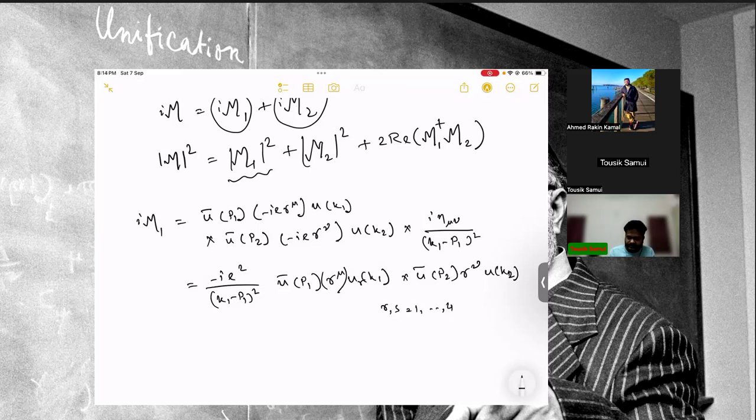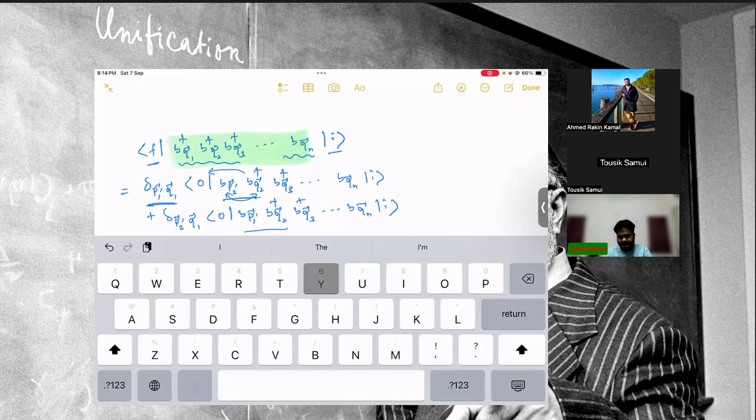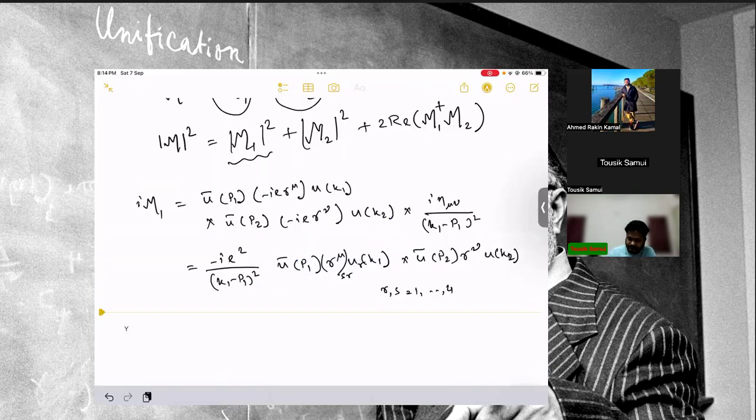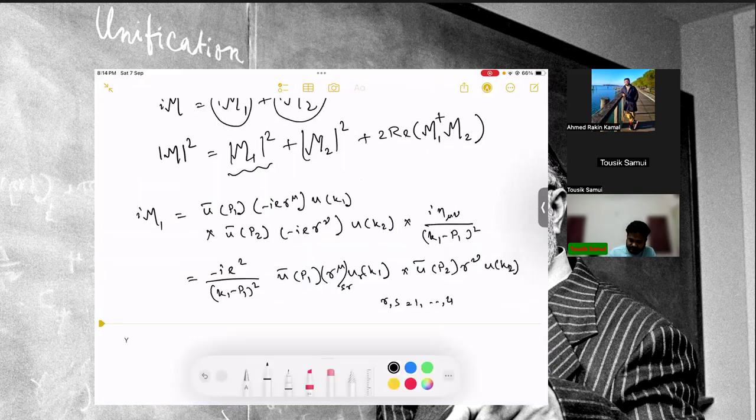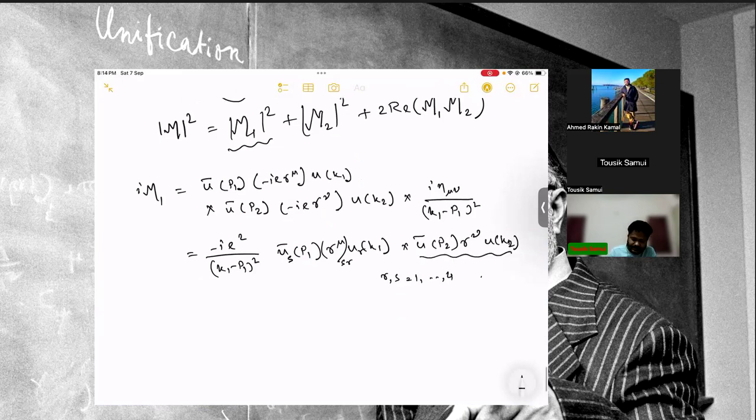Gamma will also have indices s and r, so this is also a matrix, and then u bar will also have an index. So u bar also has this. The similar thing is here.